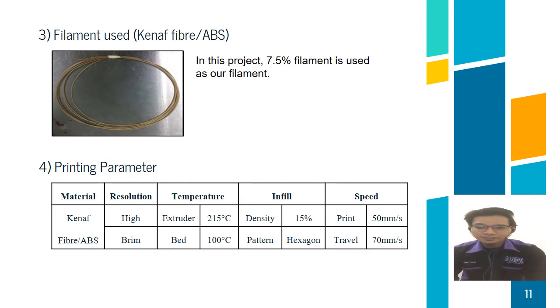So we reduced the temperature to 215. It is the same with the bed temperature. FlashForge recommends 105, then we decreased it to 100 Celsius, because we could see the kenaf fiber filament is not suitable for the ABS parameters.